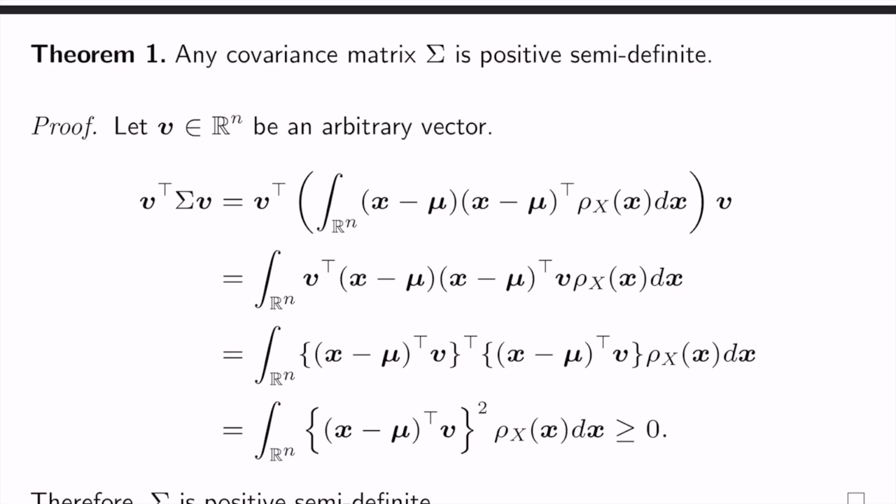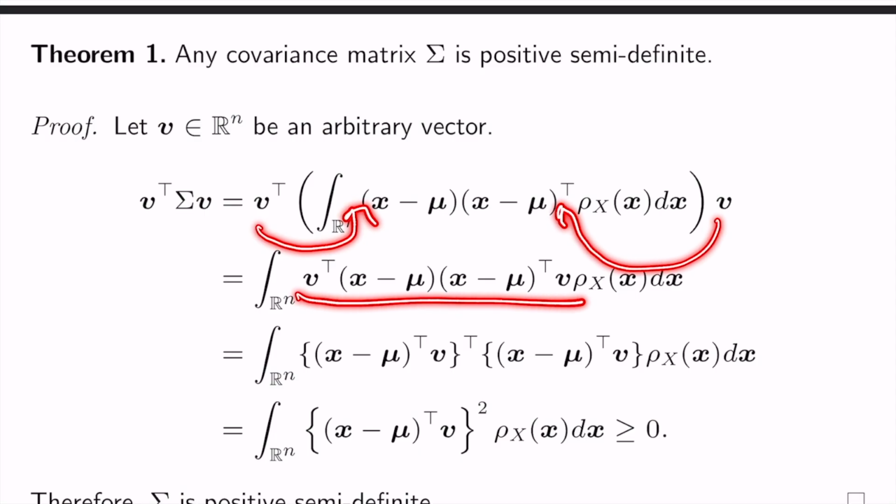So to prove that, let V be any vector and calculate this quantity, V transpose sigma V. So we replace the sigma with its definition here. So we have this V transpose times this V. Now this V is just a constant vector, so we can put it into the integral.